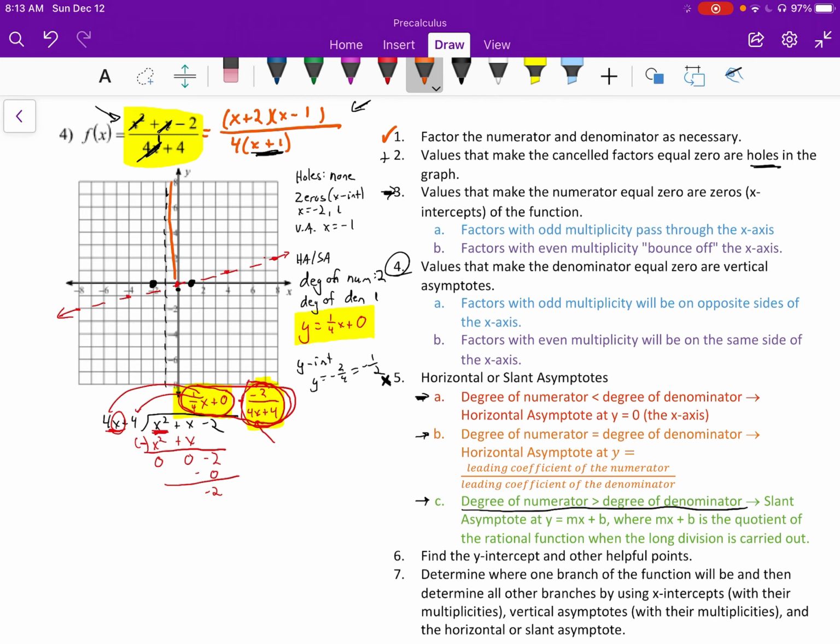Well, to do that, I would have to cross through the x-axis to get that y-intercept, and that can't happen because there's only zeros at -2 and 1, which means my graph must come up. So I'll do the graph in orange here. It has to come up, go through this y-intercept, go through the 0, and then get closer and closer to this slant asymptote.